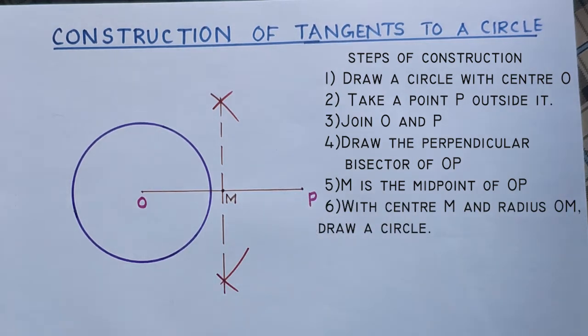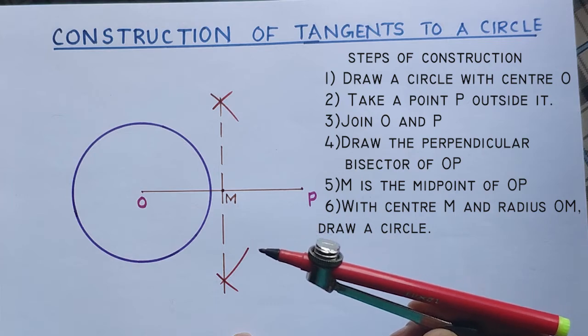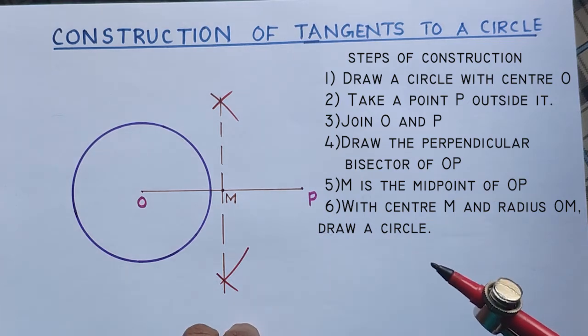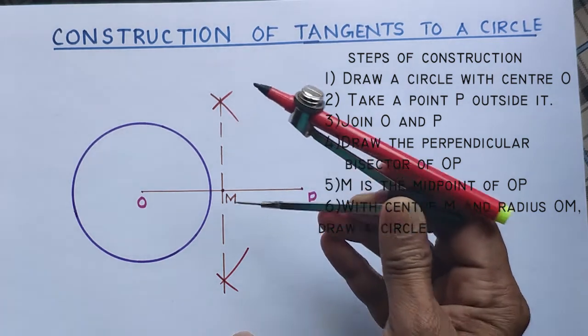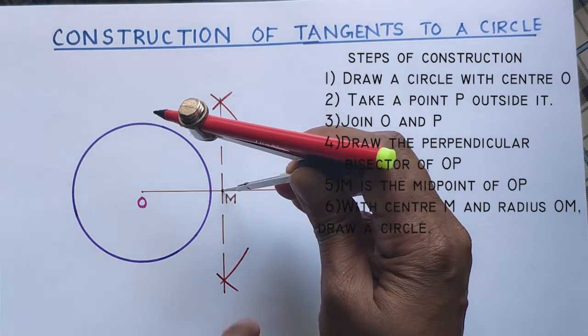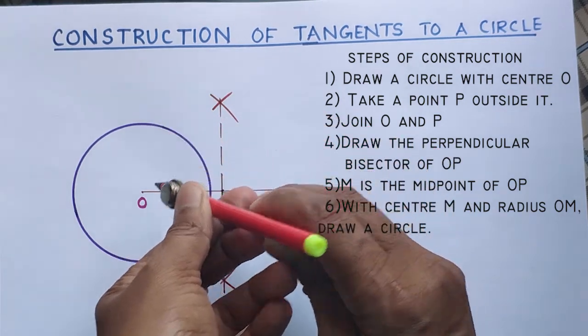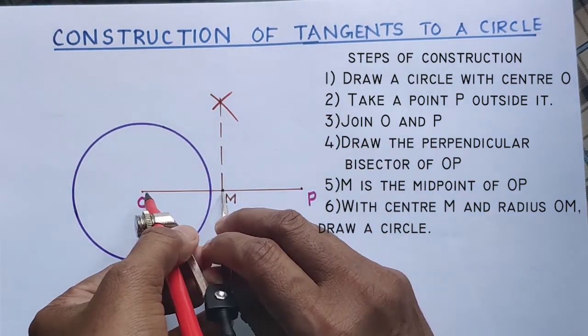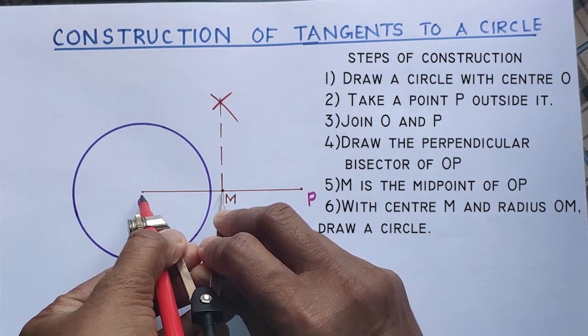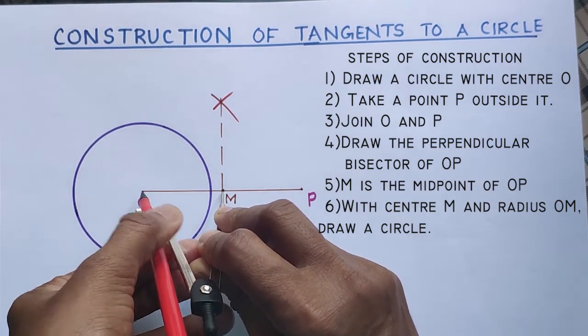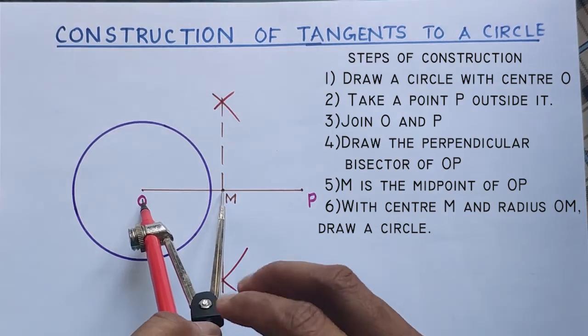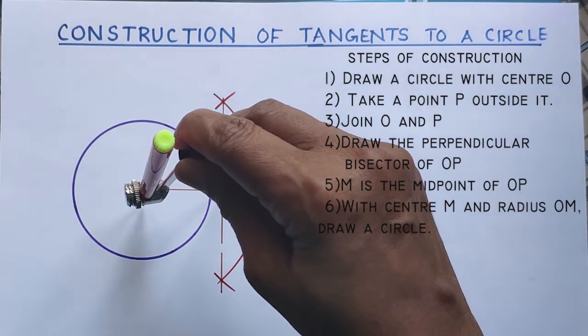Then take center as M and radius as OM or PM. Draw a circle with center M and radius as OM.